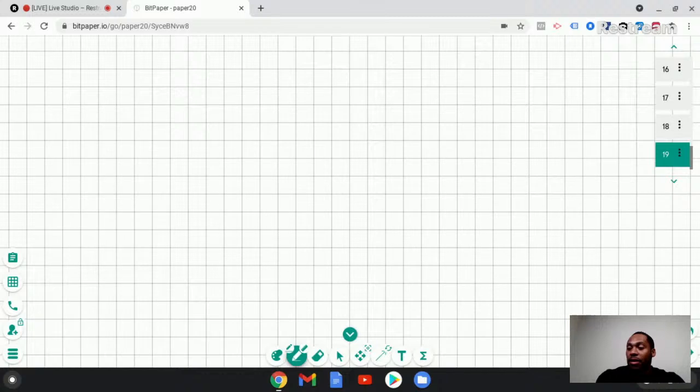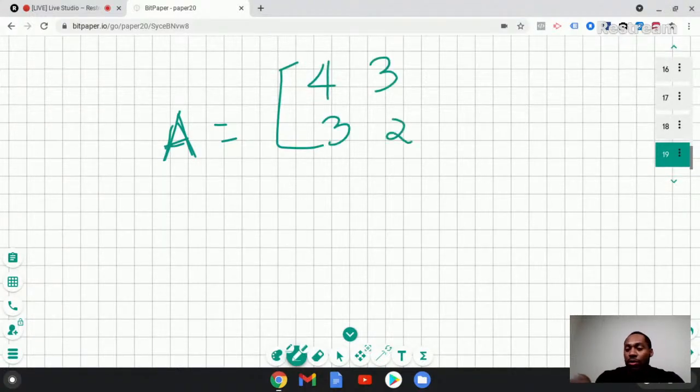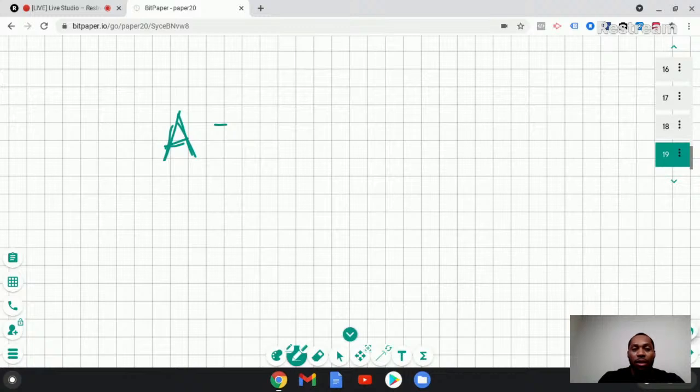So let's say I have a matrix A here, and I want to find the transpose of matrix A: 4, 3, 3, 2. Actually, I can do that with another one that doesn't have the same numbers, so you understand where everything is coming from. Let's do it with B, because all the entries in matrix B are different.